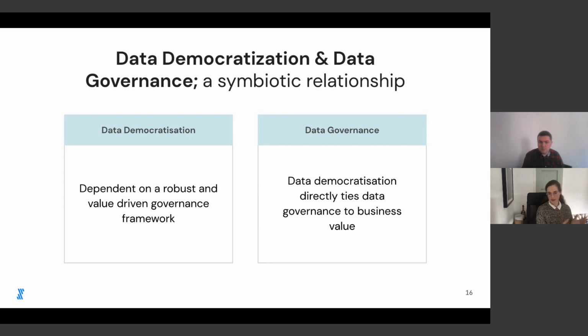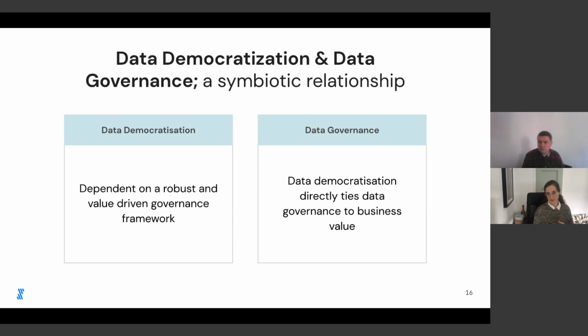As I said, coming from that compliance mindset, you're not going to see a huge amount of value if you're just saying we need to do data governance because I don't want to pay this fine at the end of the year. Instead, if you can tie data governance to your data democratization or your data-driven strategy, then the business understands, okay, this is tied directly to business value, and therefore you will get a lot more buy-in into data governance and your strategy around that.